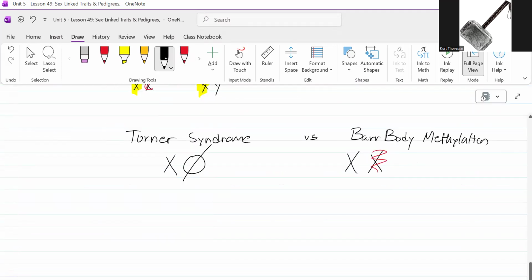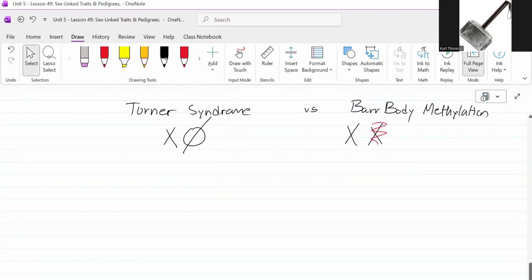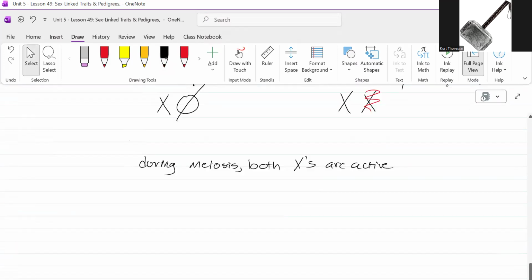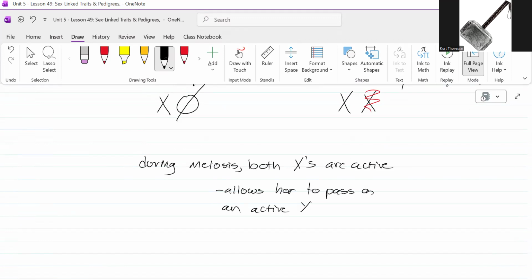He said that during meiosis, when a female is making her egg cells, both of her X's are active. This allows her to inherit or to pass on an active X to either her sons or her daughters.